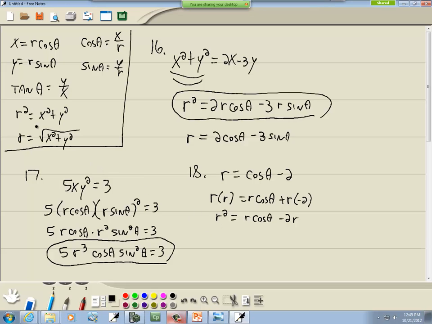Now r squared is right up here. It's x squared plus y squared. R cosine is x. Minus 2r, and r we said was the square root of x squared plus y squared. And again, it doesn't specify any particular form, so that would be our answer.